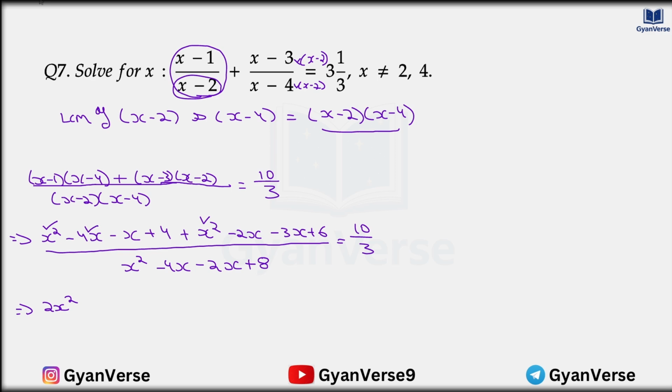Minus 4x and x will become minus 5x, minus 5x and minus 2x will become minus 7x, minus 7x and minus 3x will become minus 10x. Now 4 and 6 will become 10, equal to 10 upon 3. So we will just cross multiply it.